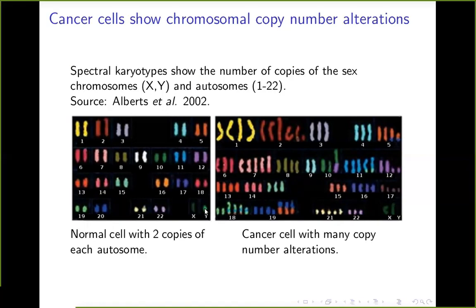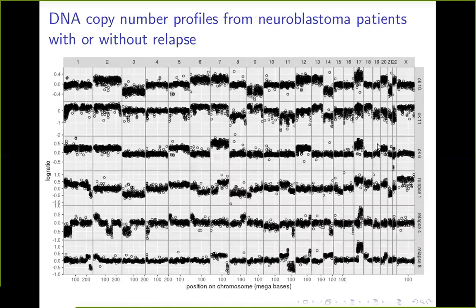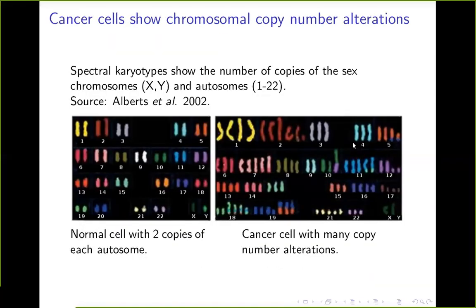So in a normal cell, you see something that looks like this, where everybody is present in exactly 2 copies. And in the cancer cell, you see something that looks like this, where sometimes you can have chromosomes present in twice as many copies. Sometimes you can have big chunks of chromosomes that are glued to other chromosomes.